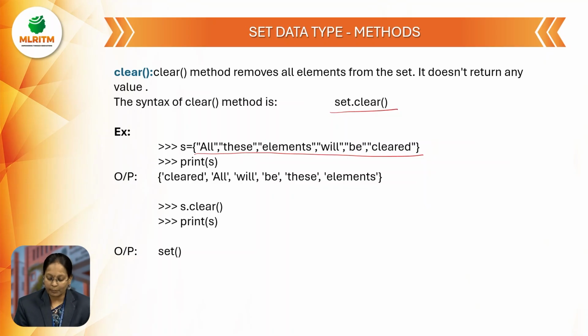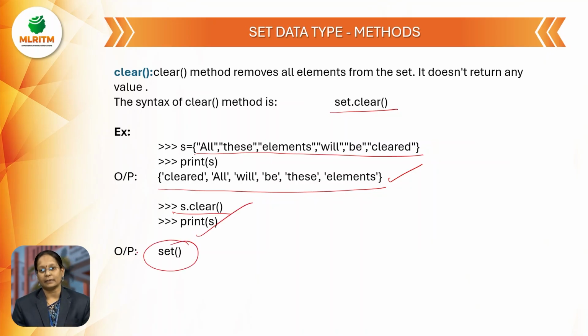When we print, since a set is unordered, the elements are unordered. Now I'm using the clear method and printing the S set. It shows a set with empty brackets. So it clears all the elements from the set and it remains an empty set.